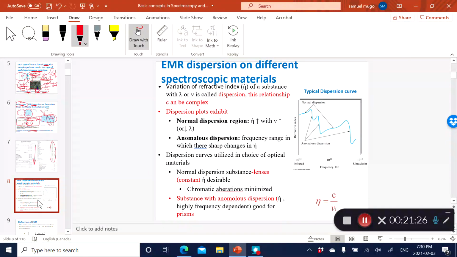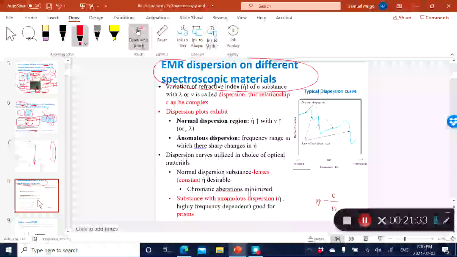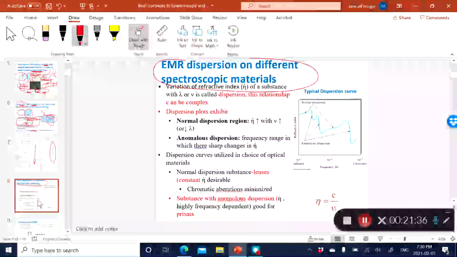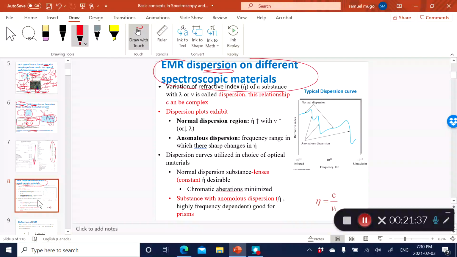Now, another important type of behavior of electromagnetic radiation, and it's very similar to refraction, is what you refer to as dispersion. Okay, and again, dispersion is totally dependent on the refractive index of the substance.